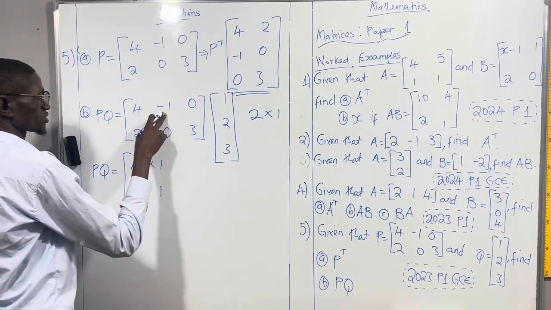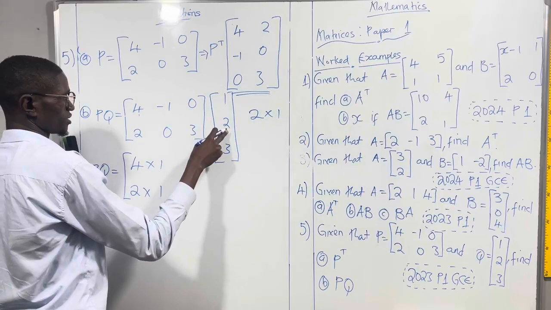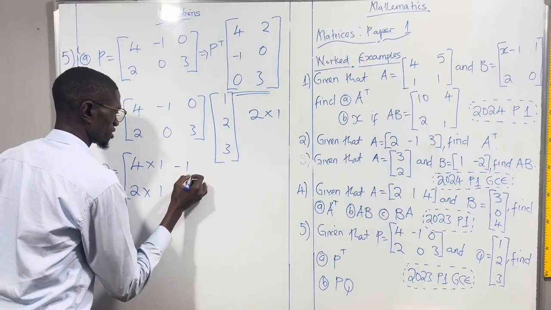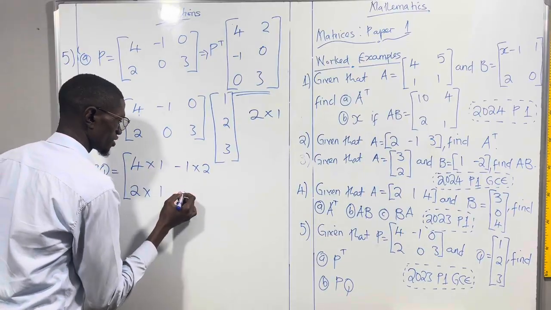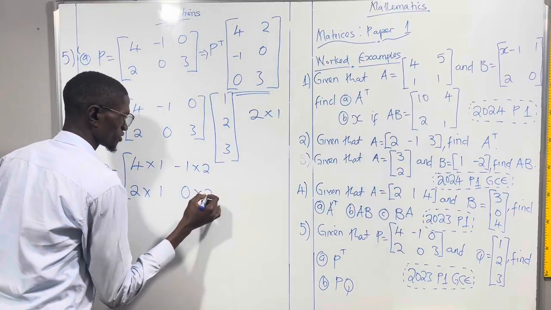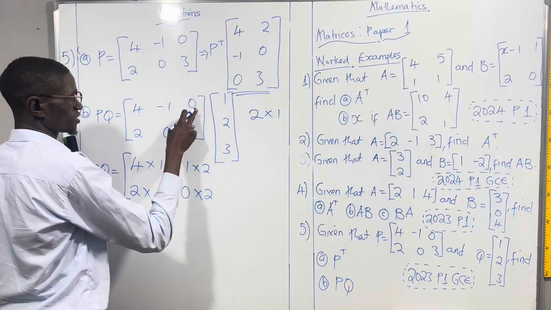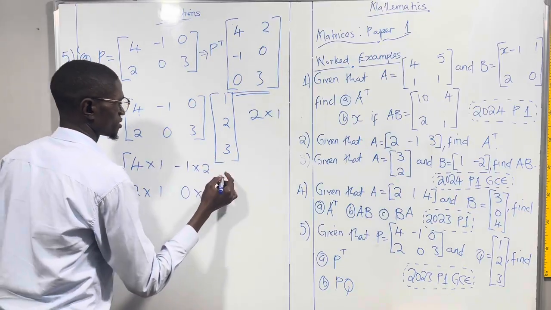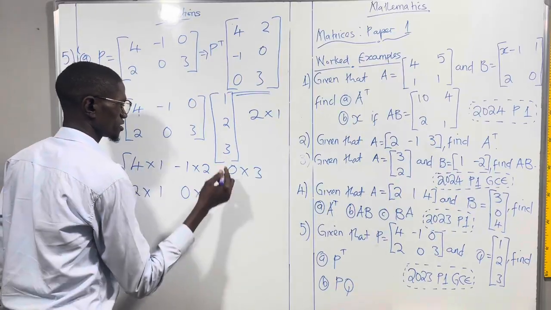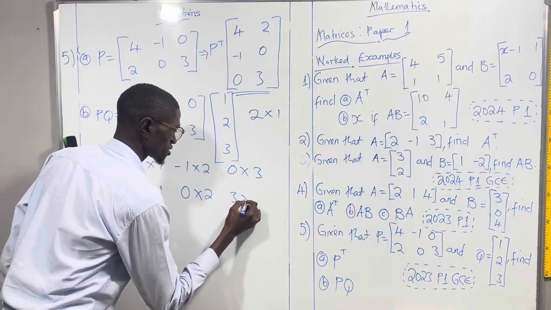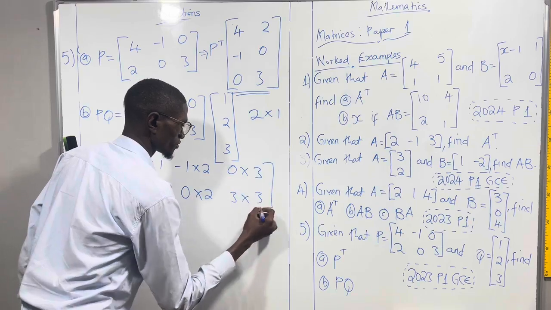Come to this one: negative 1, 0 times the same value. Then you come to this one: 0, 3 times the same value.